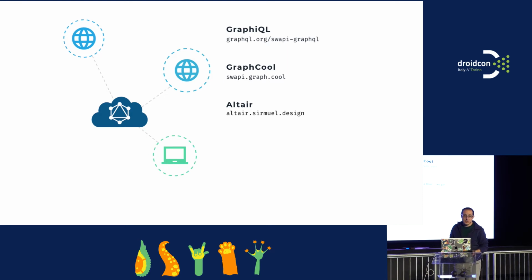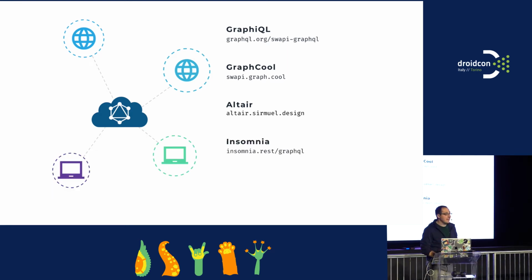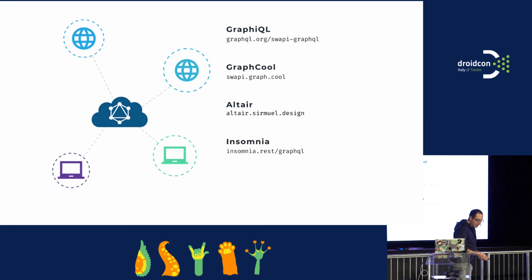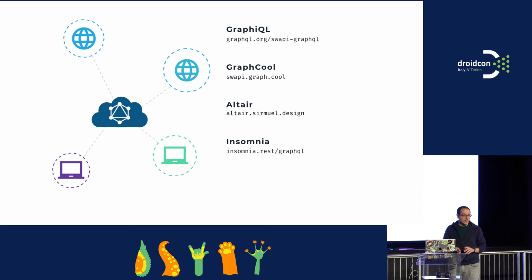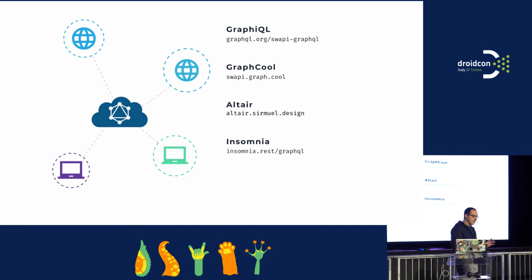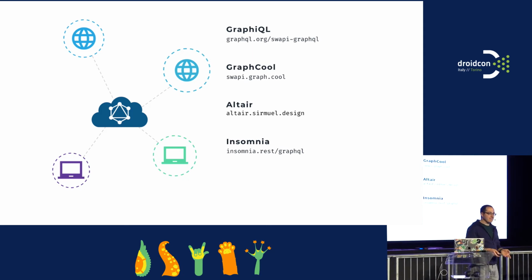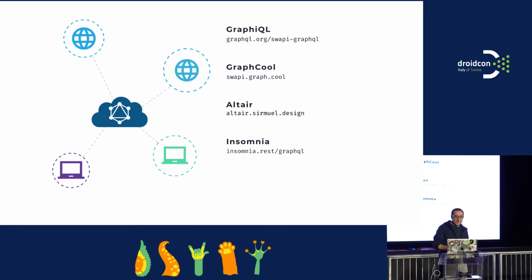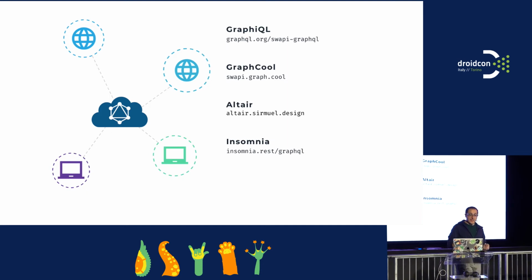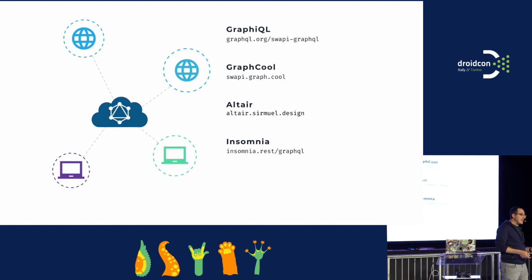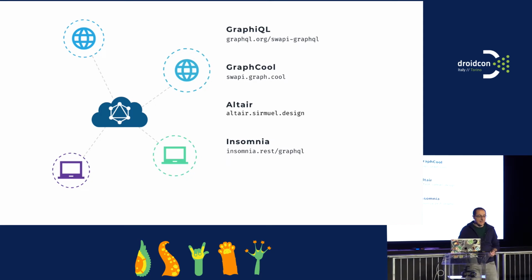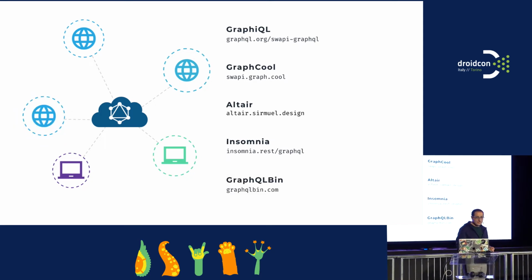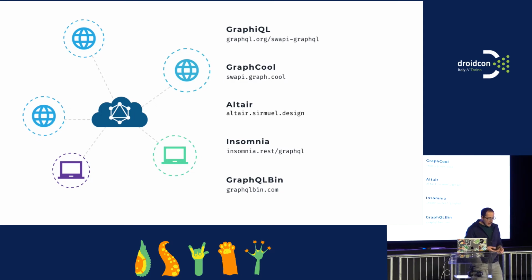Another client that works with both REST and GraphQL requests is called Insomnia, which I think is not named because you lose sleep over GraphQL or REST, but it was a nice name. And the last one is the only one that I found that was available as both a website and a desktop application, which is called GraphQL Bean.